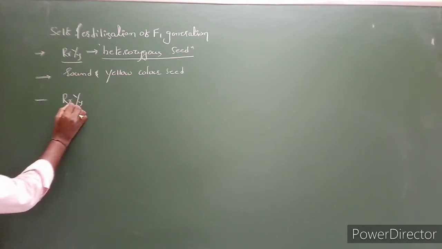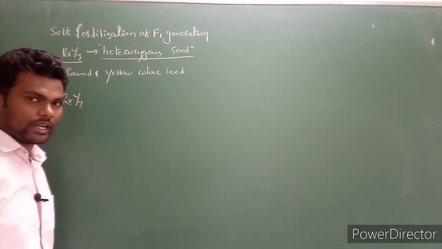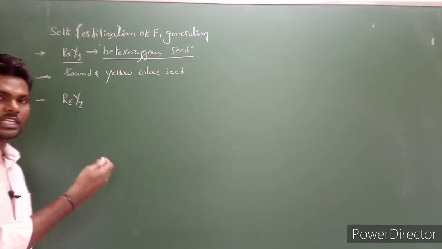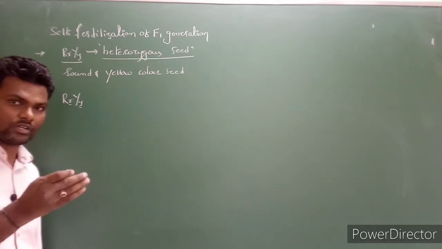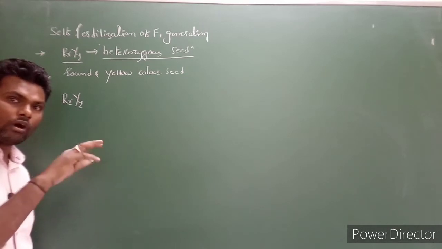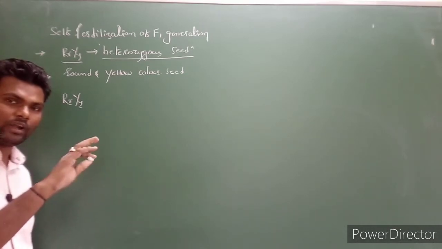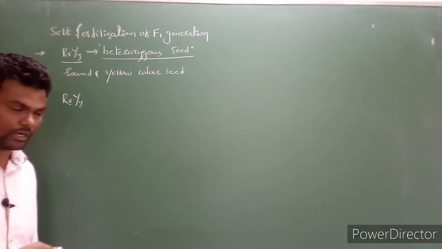So why is the small r gene not expressed, and why is the small y not expressed? That was already explained by Mendel. It is called the law of dominance. In the F1 generation of the monohybrid cross, only tall plants were formed. Here, two alleles are there, but only one allele expresses its character. That is called dominant.